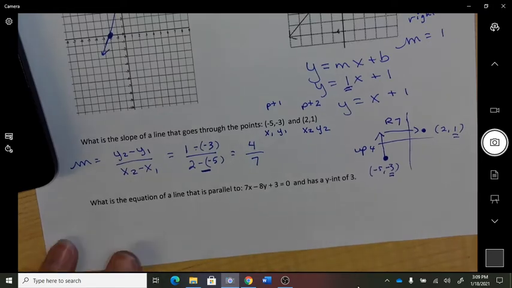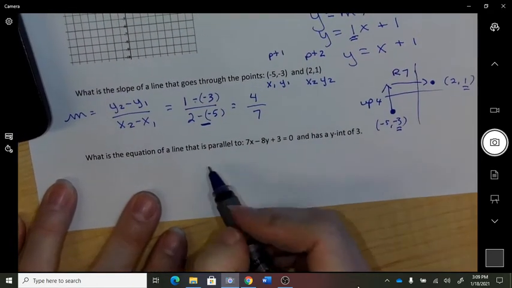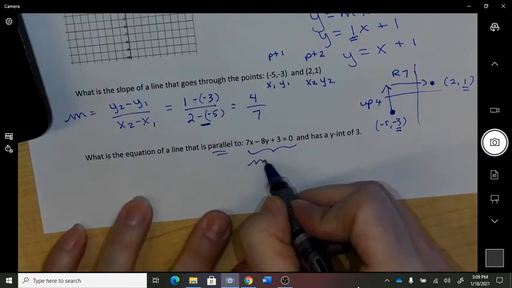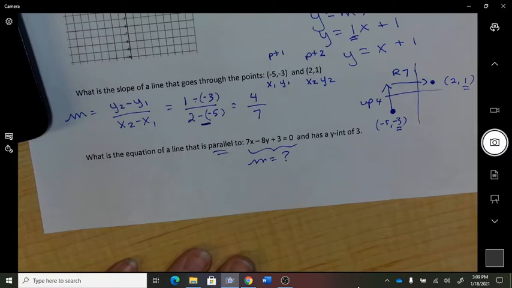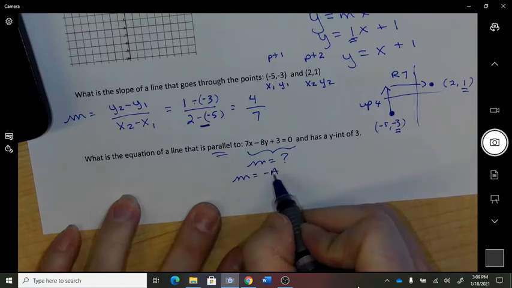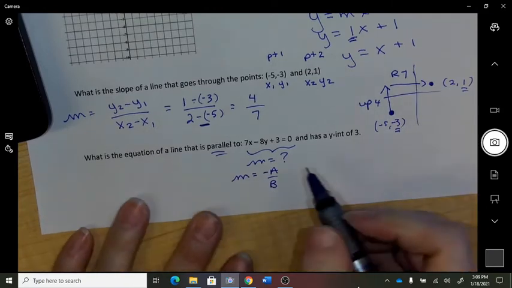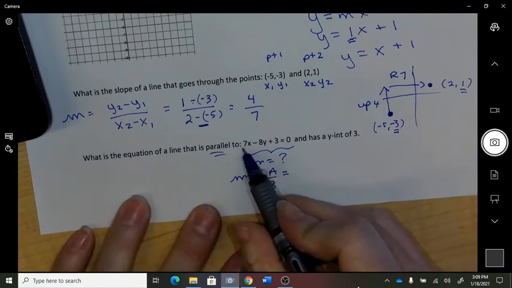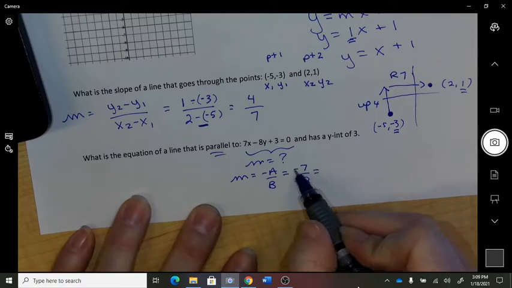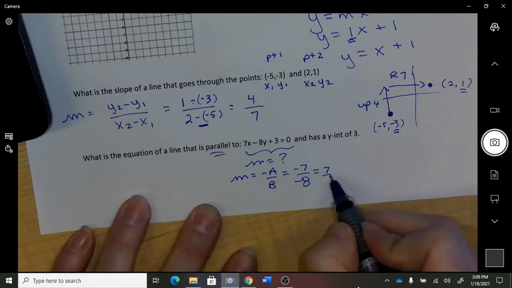What is the equation of a line that's parallel to this line? So we're going to have to find the slope of this line. So when it's in general form, we use the slope is -a over b. So -a, the opposite of that, over b. So again, 2 negatives actually end up being positive.